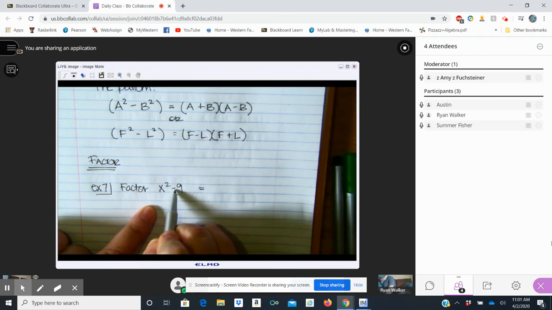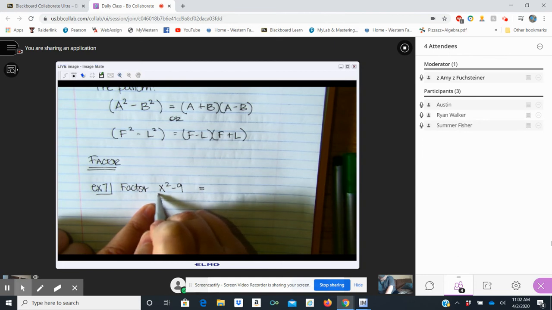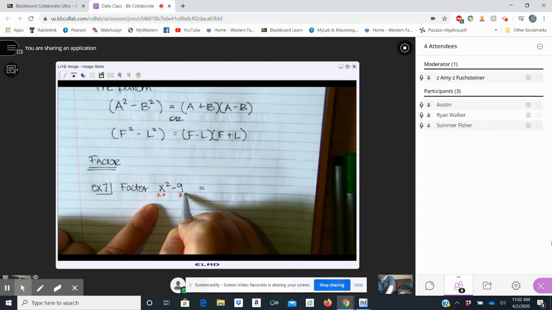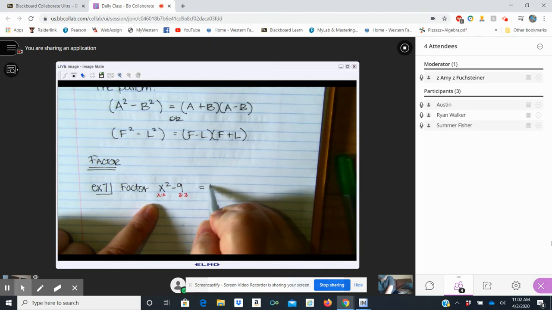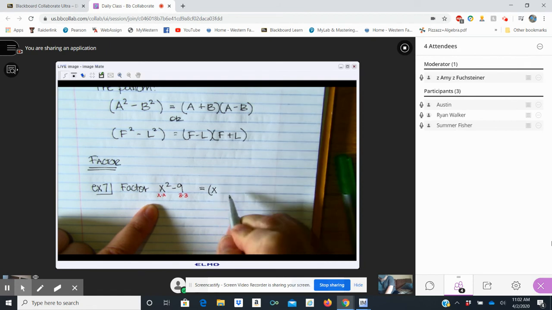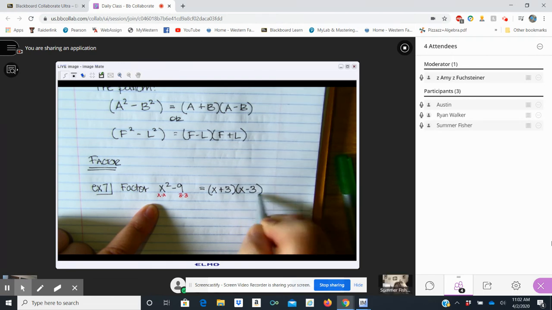This is the difference of two squares. X squared is x times x. 9 is 3 times 3. So my factors here would be an x plus 3, x minus 3.